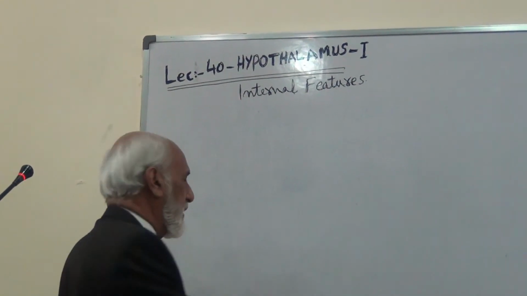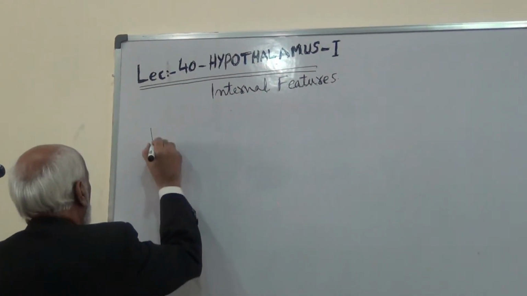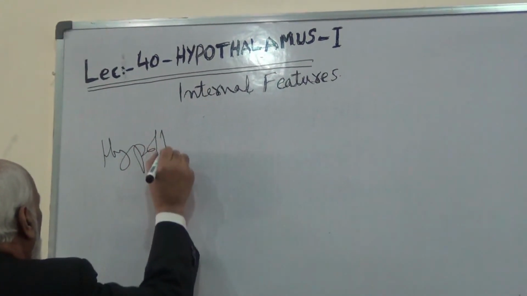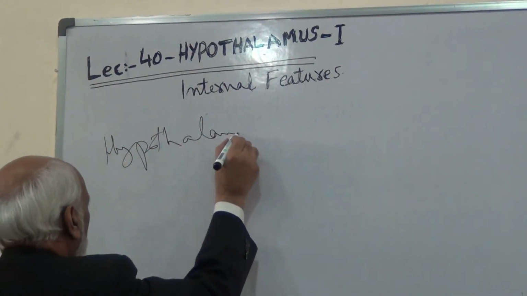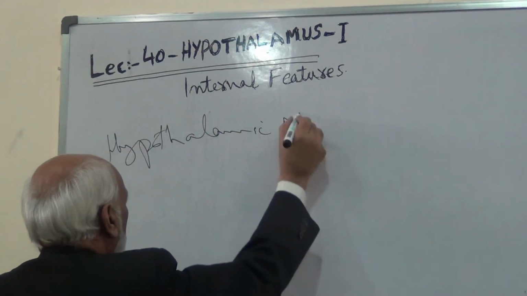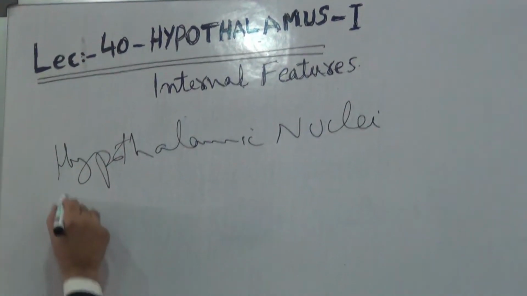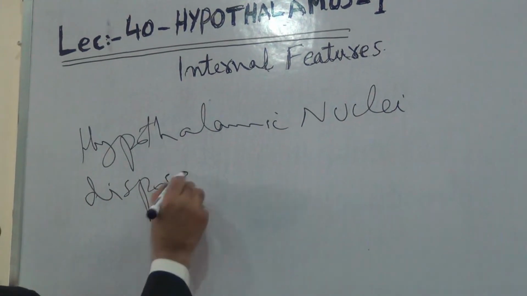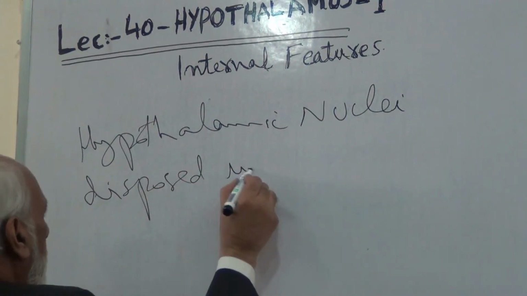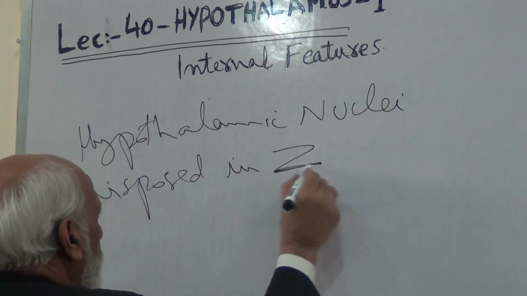So hypothalamic nuclei disposed in the form of zones.